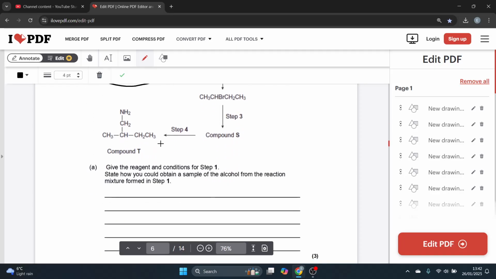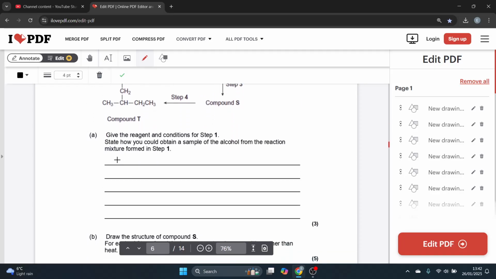So I'm going to use aqueous sodium hydroxide. And how you could obtain a sample from the reaction: fractional distillation.